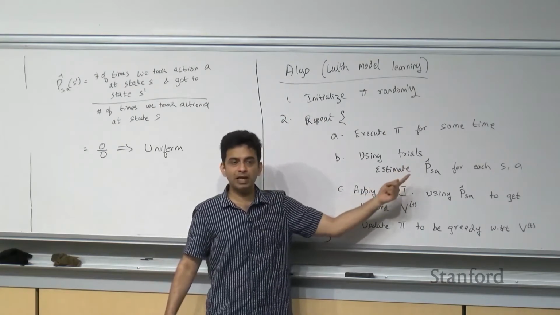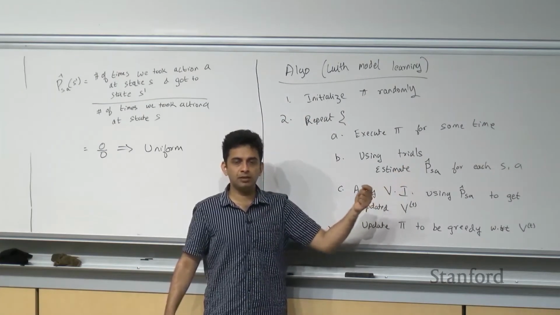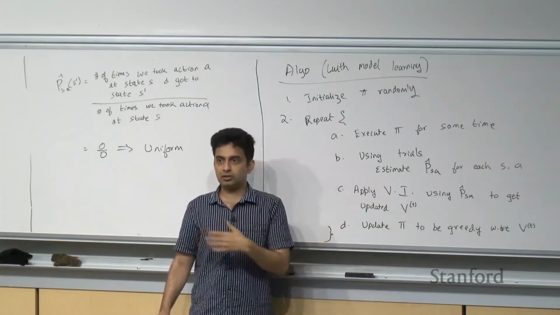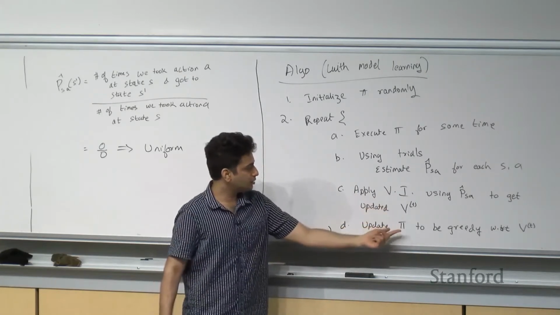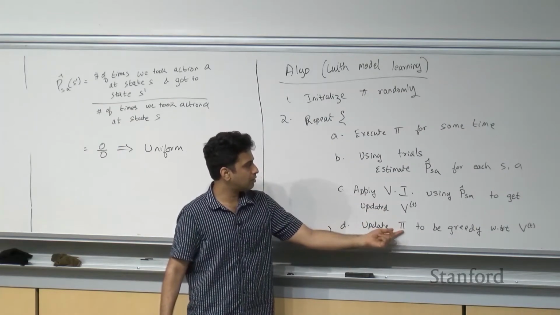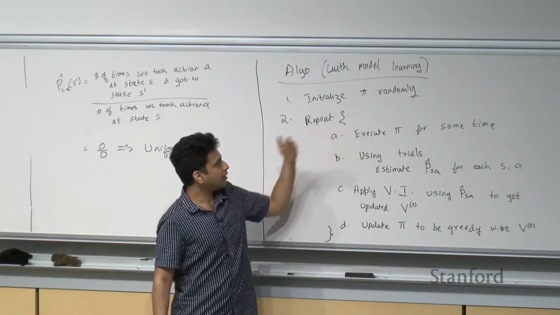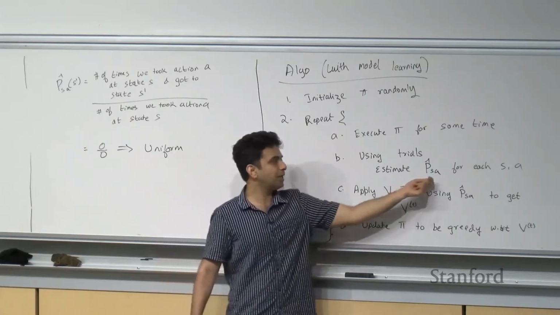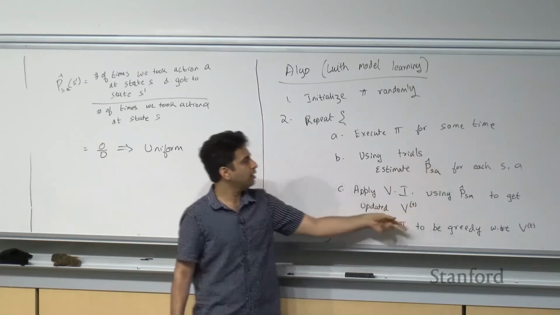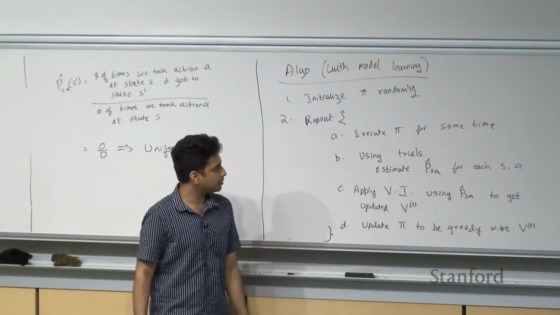But that p hat SA might not be the correct dynamics of the system because it's just an estimate. Then we use the resulting pi star to go back and get more experience, run some more trials, improve our p hat SA, and then re-estimate the value iteration.